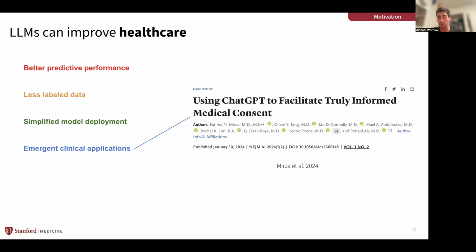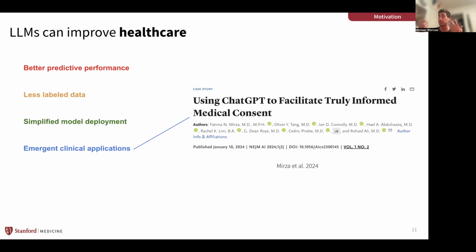The fourth key benefit that we saw was what we called emergent clinical applications. Basically, this is any application that would previously be beyond the realm of imagination when it came to machine learning. Here's an example from a recent paper earlier this year where they used ChatGPT to translate, I think it was discharge summaries or some patient-facing communication, from clinical jargon to something that a normal person could actually understand, right?